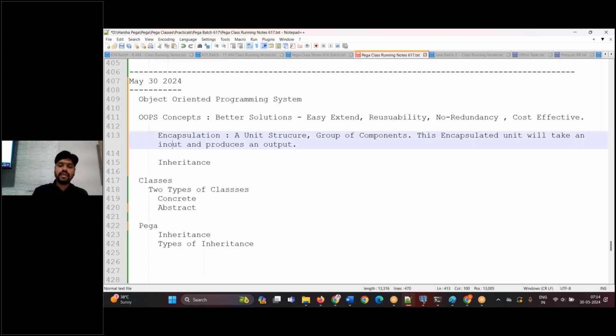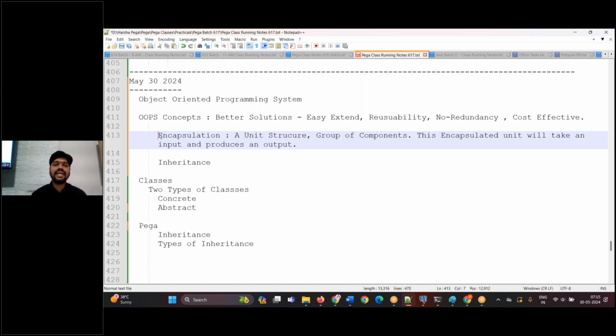Input means anything that you provide to the system. Output means anything that you get out of the system. See, obviously, if you are going to develop anything, it may be hardware, it may be software, functional components will be there for sure, right? These functional components you have to place inside a unit structure.